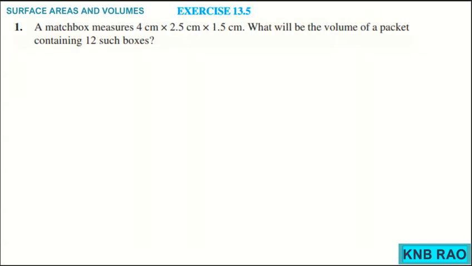Coming to the first question, a matchbox measures 4 centimeter by 2.5 centimeter by 1.5 centimeter, where length, breadth and height are given. What will be the volume of a pocket?